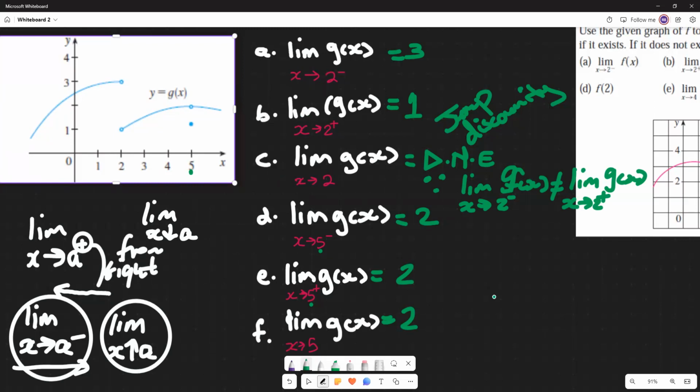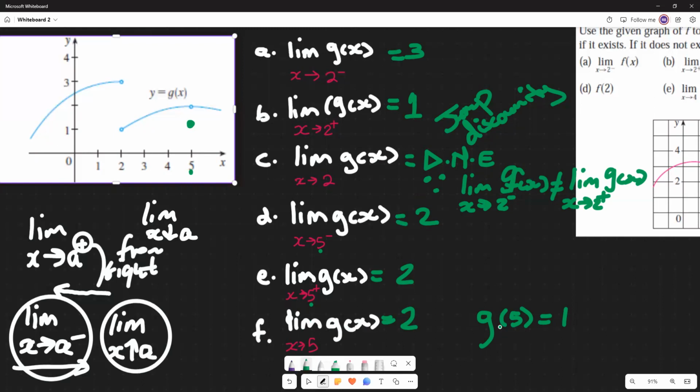So now, let's check. What is g at 5? g at 5 is this point, guys. You see it? So 5 goes with 1. So g at 5 is 1. So the limit as x approaches 5 is not the same as g at 5. The limit exists, but the point is not the same.